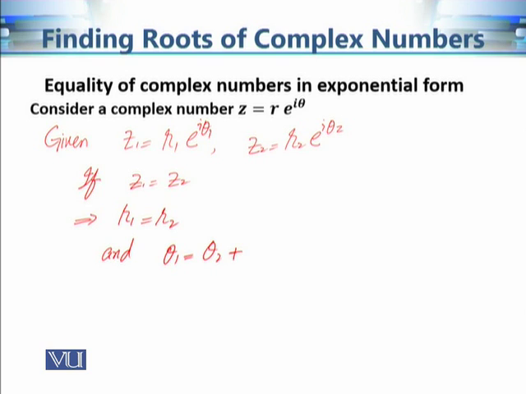But that's not exactly true, as we have observed that if I travel 2 pi units in the counterclockwise or clockwise direction, then I'll be reaching the same point. So in other words, we can say that theta 1 is in fact equal to theta 2 plus 2k pi. So there is a difference of 2k pi between theta 1 and theta 2. Now this observation is going to be used in our root finding.